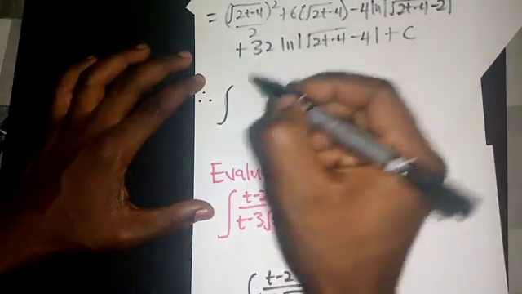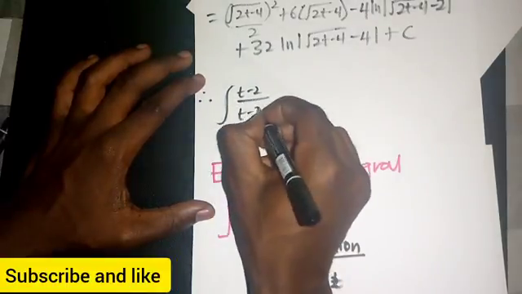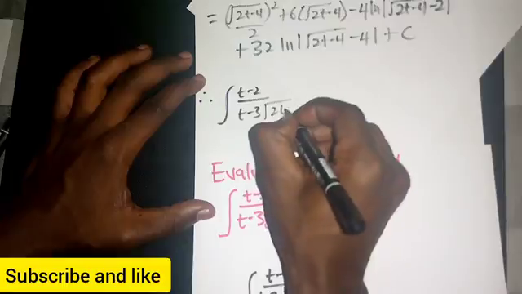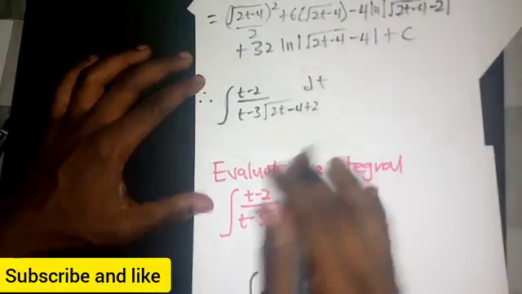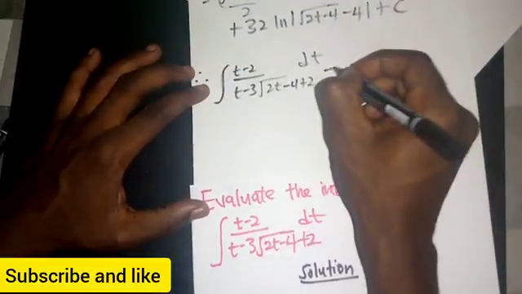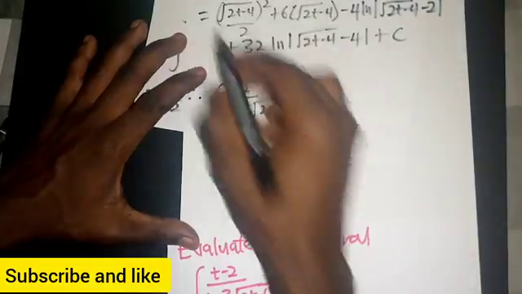So we have this 2 minus that, then t minus 3 integral of 2t minus 4 here plus 2 dt. So this is just equal to the final value here, which is the whole of that.